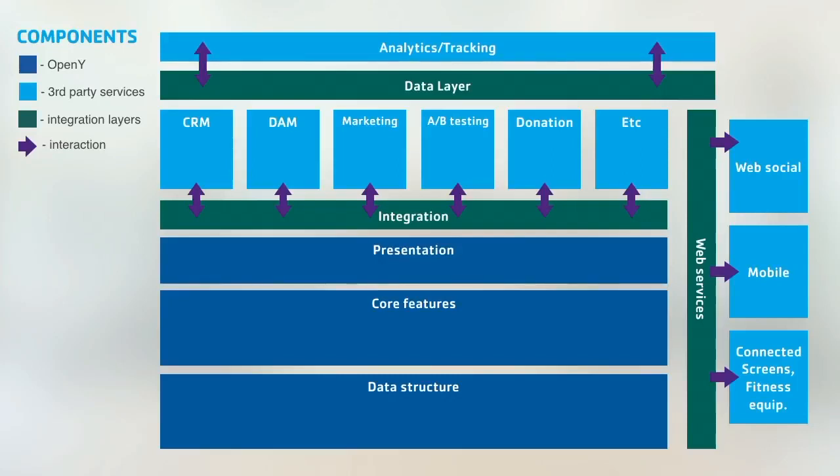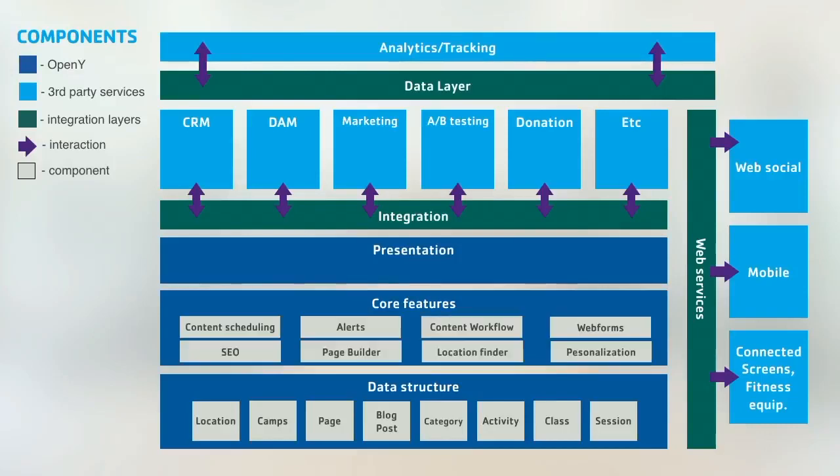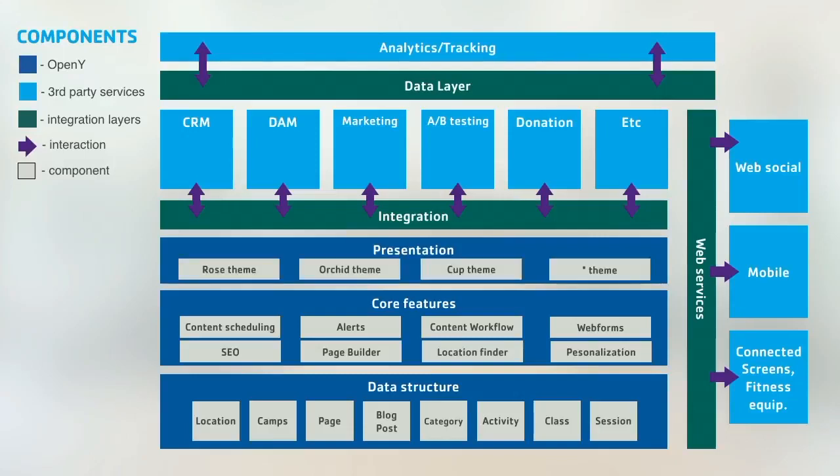If we take a look at the components inside OpenY, inside the base layers, we have the data structure, with the setup of content types, media types, taxonomy terms, and vocabularies. For the core features, we have a lot more features than you may see on the slide. There is just not enough space to place them. As an example, we have location finder, web forms, personalization, alerts, and a lot more things.